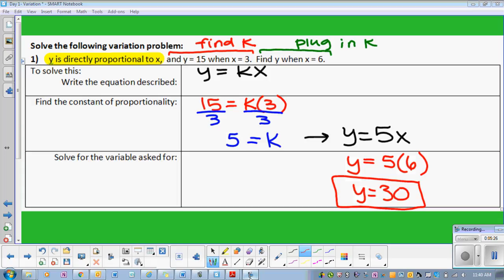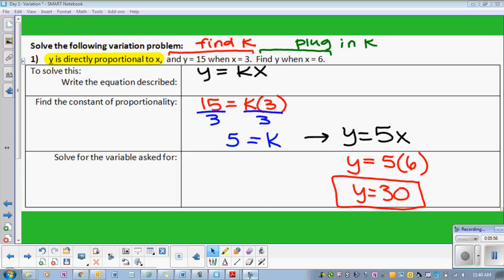All right. So for some of you guys, let's just make this a real life example. How many of you guys drive? Okay. So several of you drive. An example of a direct variation relationship, x and y, would be how many miles you're going over the speed limit and how much you're going to pay on the ticket.